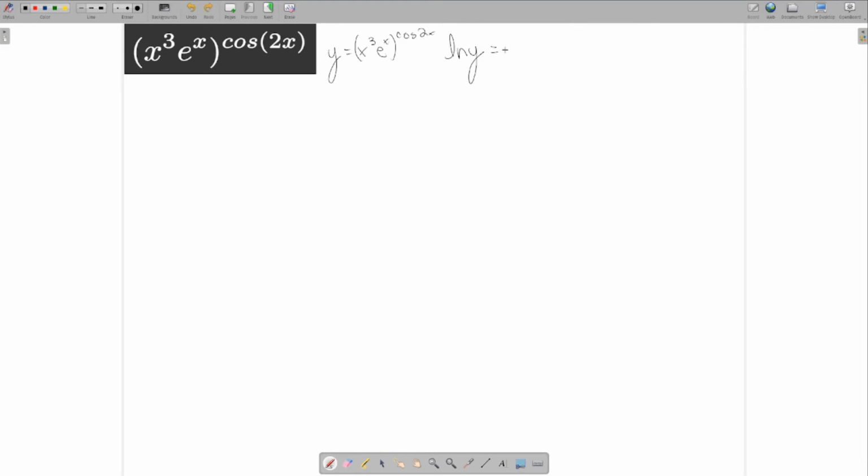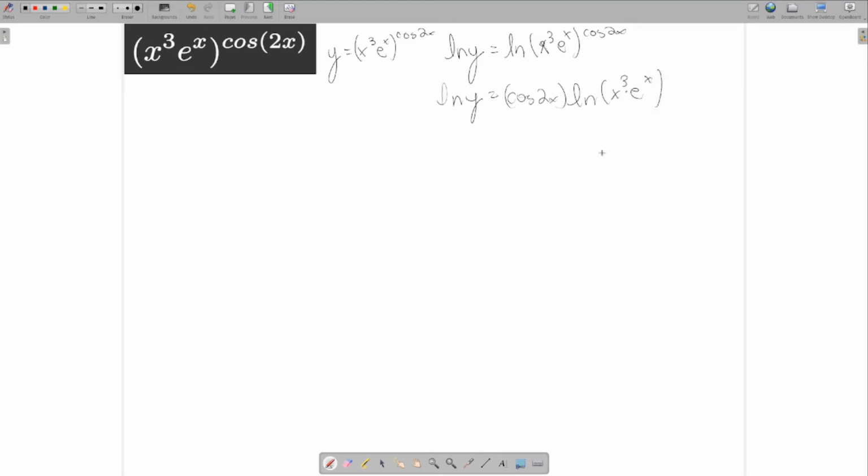Take the natural log of both sides. Do the product of logs. I'll do it right here. Natural log of y equals cosine 2x, natural log of x cubed e to the x.